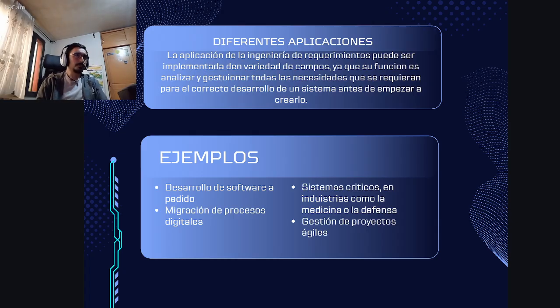For example, in software developed on demand, in migration of different digital processes, including of course digital data, in critical systems in industries like health and defense. And also, of course, it can help to improve the management of agile projects.